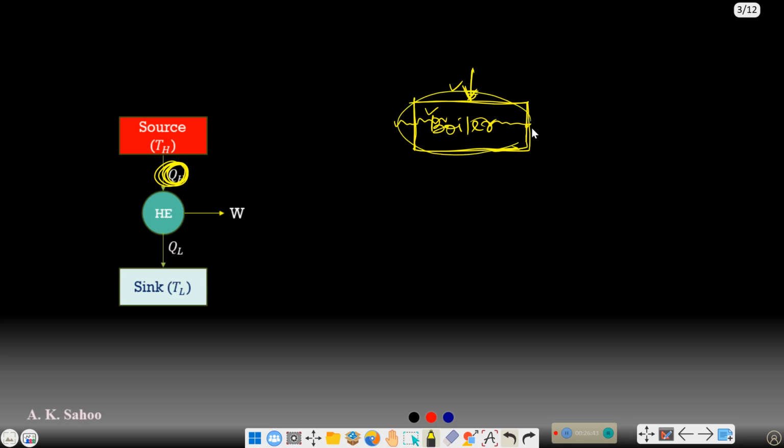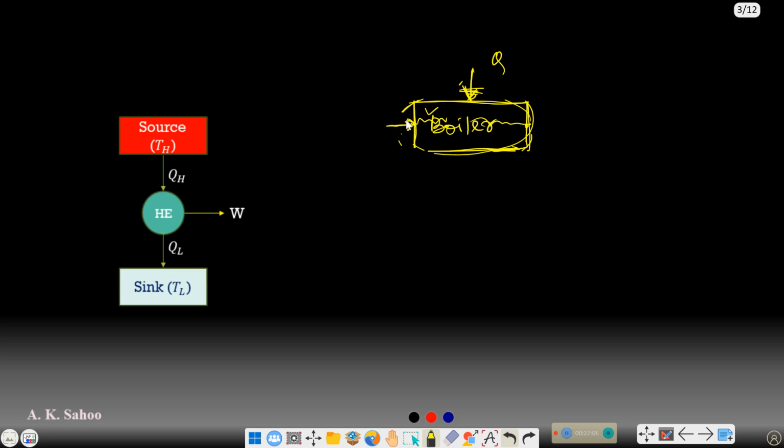So the device where we add heat, what is its name? This is the boiler. In the boiler we are going to add some amount of heat. What is the inlet to the boiler?